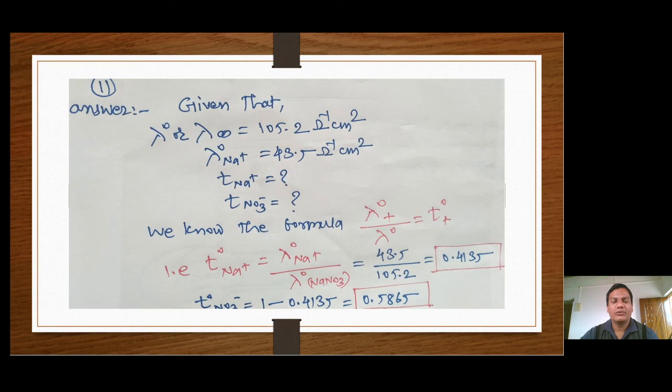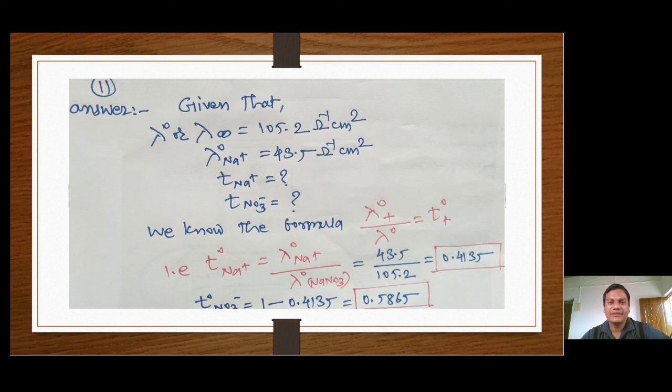I have written here what is given: lambda infinity or lambda 0 is 105.2, and lambda 0 of Na plus is 43.5. We have to calculate T Na plus and T NO3 minus. This is the formula: lambda 0 plus upon lambda 0, that is the equivalent conductance at infinite dilution of the whole salt NaNO3 in the denominator, and that is nothing but the transport number of the cation.